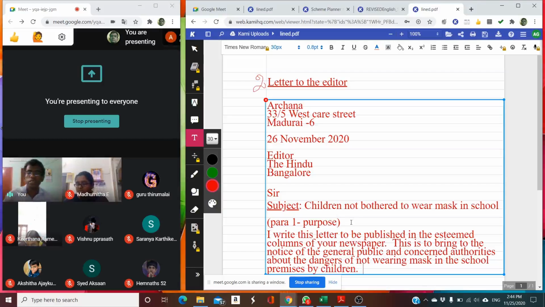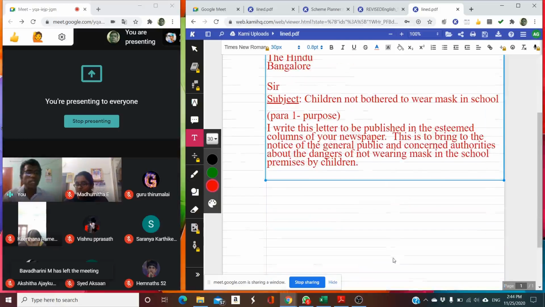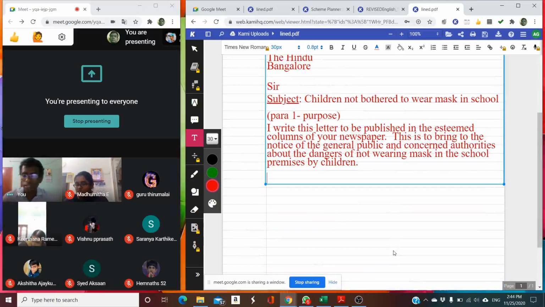So this is the first paragraph. The first paragraph should have maybe 30 to 40 words. Okay, so you have got the purpose very clearly written. The purpose is very clear here.